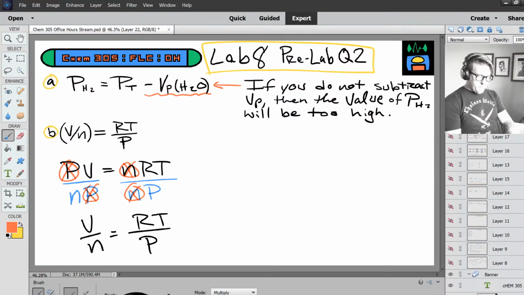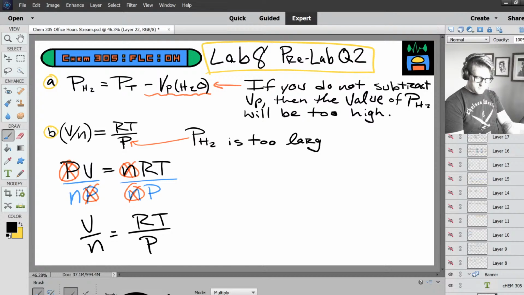Well, we already know from part A, if you don't subtract your vapor pressure, that the partial pressure is too large. Right?